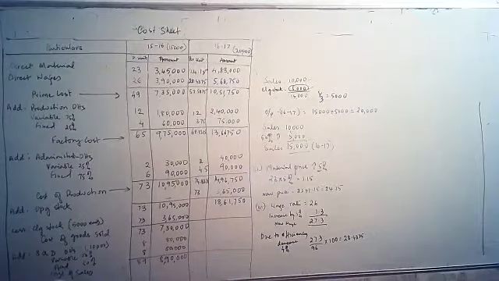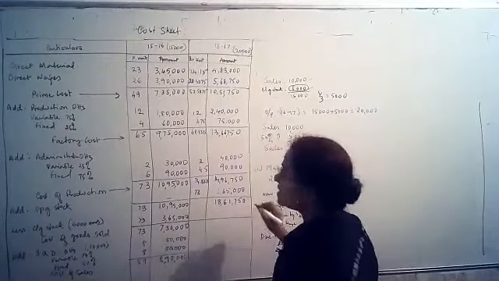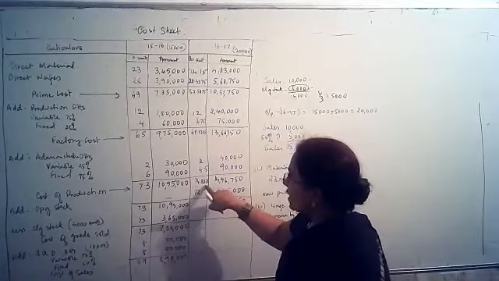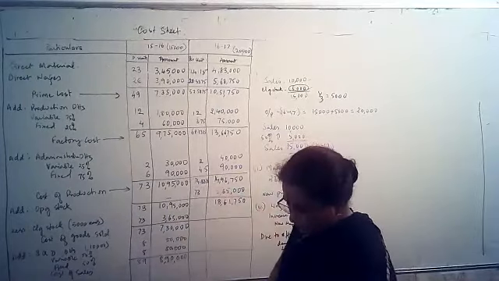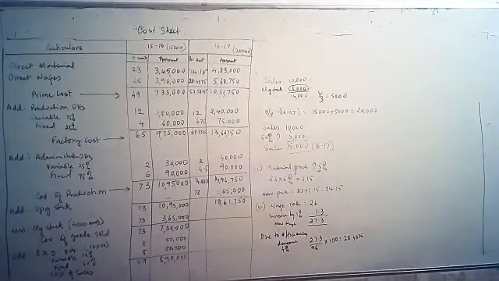Now I will reduce my closing stock. How much is my closing stock? Closing stock is 10,000 units, valued at 74.8375. So 10,000 you multiply with the value I have received. It comes to 7,48,375.